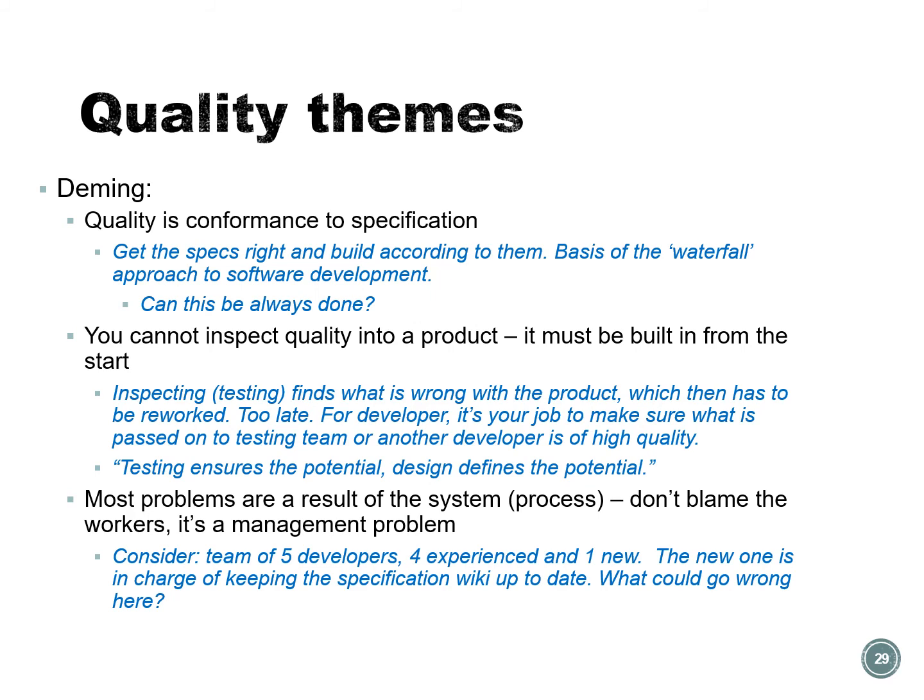But the definition isn't completely wrong either, even though the first part of the sentence, get the specs right, is already faulty. The other part, you cannot inspect quality into a product, is actually quite important.